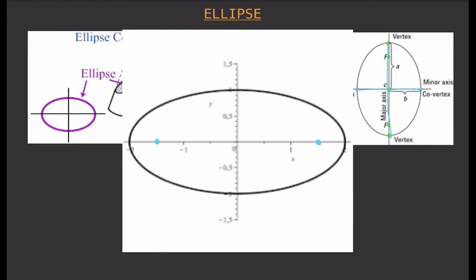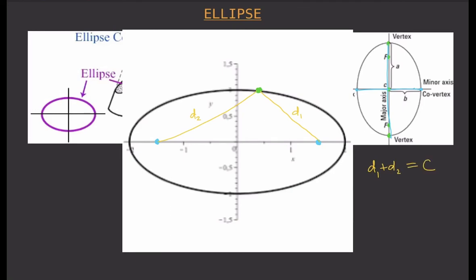The interesting thing about an ellipse is that if you choose a point anywhere on your ellipse, let's say this point right here, and you draw a line from that point to each focus and add the lengths together, say this is d sub 1 and this is d sub 2, if you add d sub 1 and d sub 2, you'll get a constant value, a number.